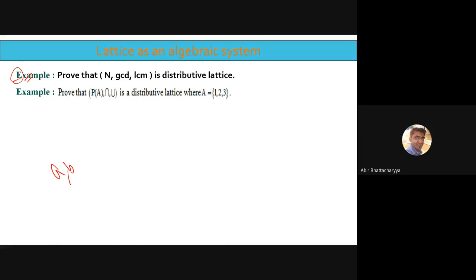Take three elements a, b, c from the natural numbers, give priority to GCD and LCM so that the distributive property holds true. Just write it, you don't need to prove it. Just write the meaning of each distributive law. Write it on the chat box and I want to check your answers. Write only the first one within 5 minutes, and the next one is your homework. You can do it at home.